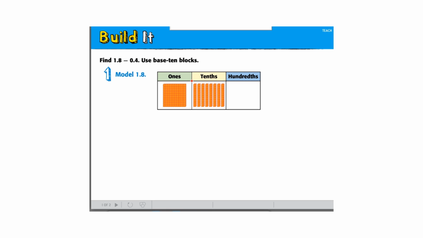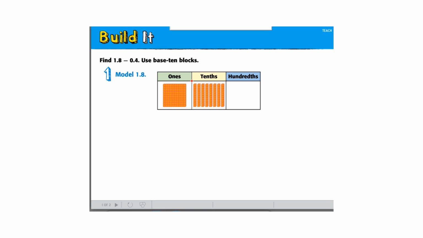We drew a square in the ones box because we have 1 whole. We have 8 tenths, which is why I put 8 longs there in the tenths place. And then there's nothing there in the hundredths place.